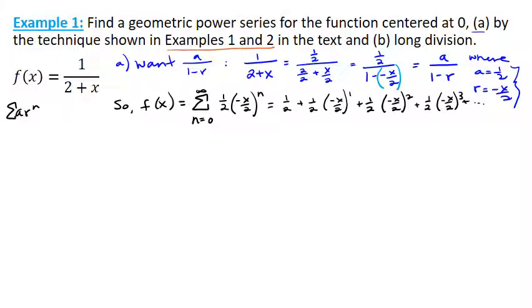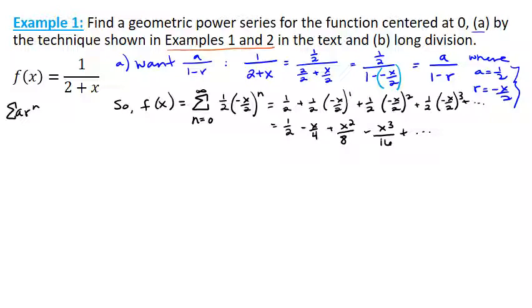And if I simplify this, I get 1/2 minus x over 4 plus x squared over 8 minus x cubed over 16 plus so on and so forth.